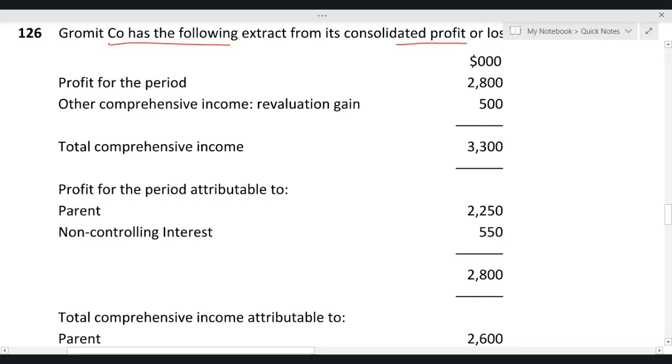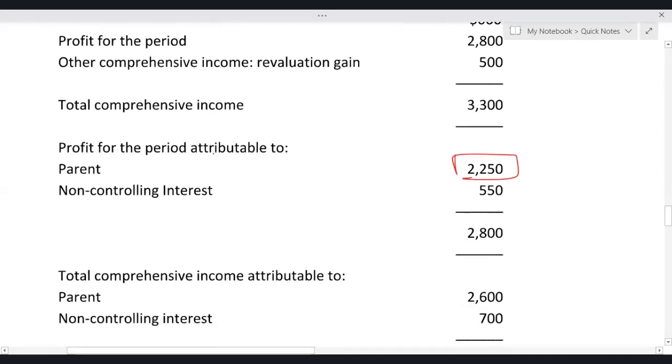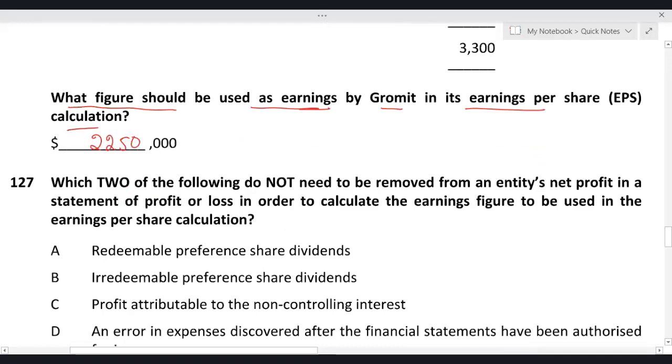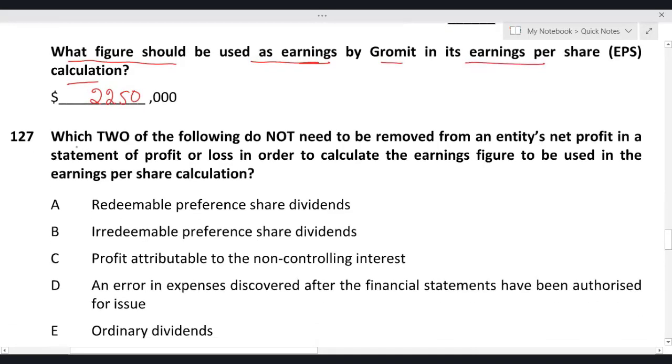So profit for the period attributable to parent is 2250. While calculating EPS, we only consider the profit attributable to the parent's equity holders, that is 2250. Don't worry at all. You will automatically become really good after studying consolidation, inshallah.